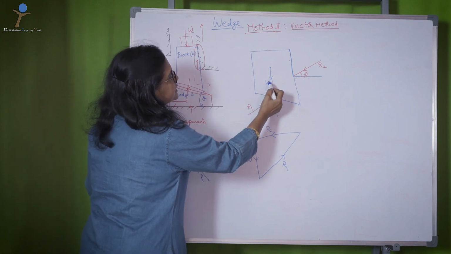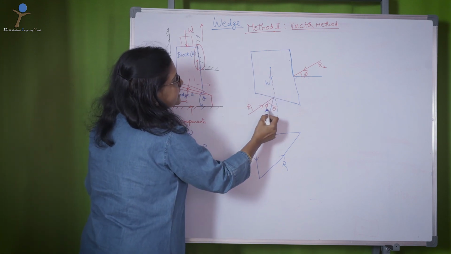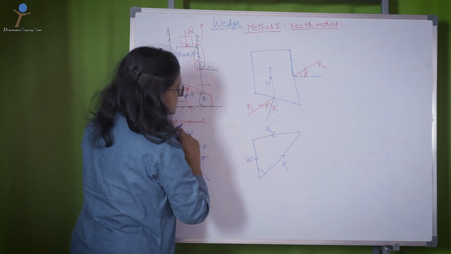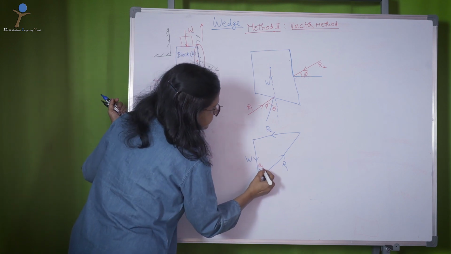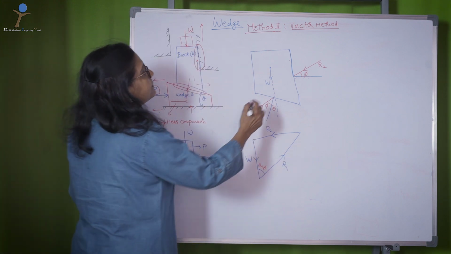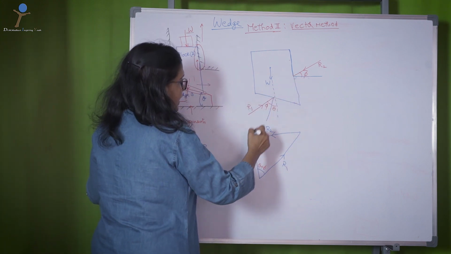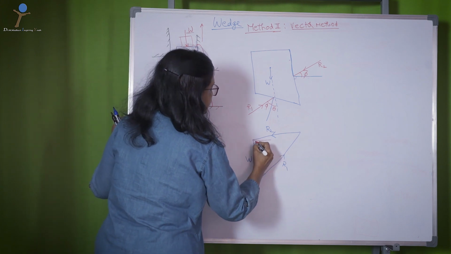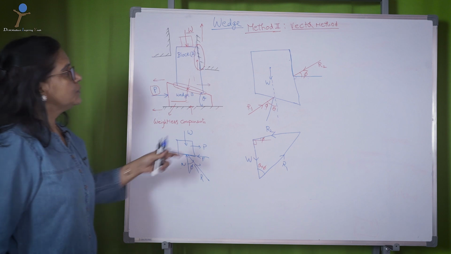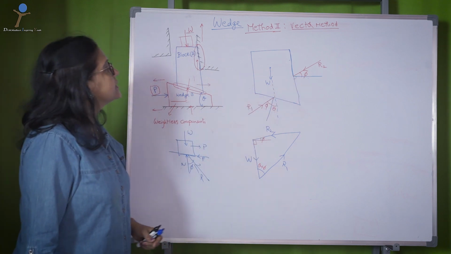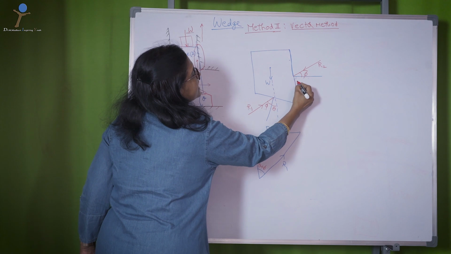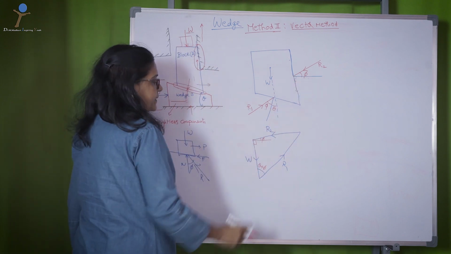Now what is important is we need to represent the angles. The angle between W and R1 is theta plus phi. So I show this as theta plus phi. Then the angle between R2 and W, here this is 90 and this is phi. With the horizontal it is phi, right? So suppose W here, this is 90 and this is phi, 90 plus phi.